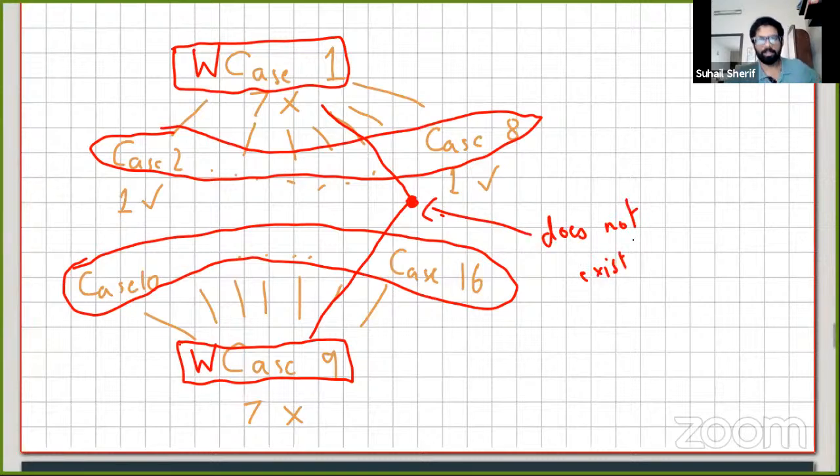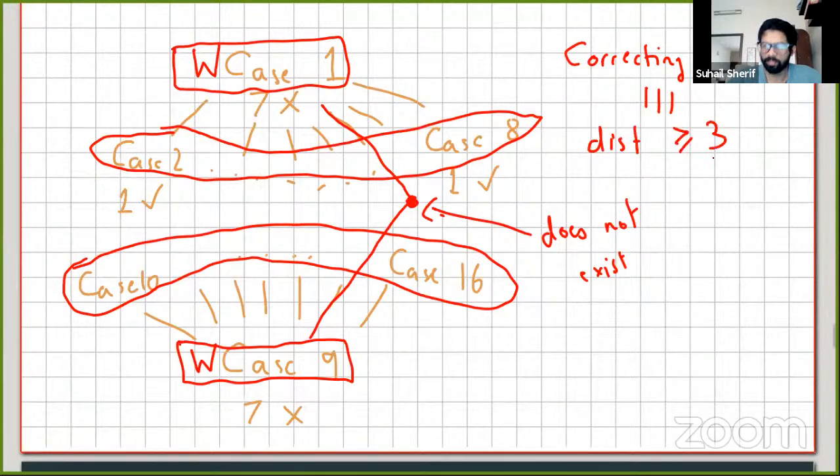So if there was one mistake, you can find out what the original matrix is. That is correcting one mistake. This is exactly the same as having distance greater than or equal to 3. That is, between any two of these W cases, you need to take 3 steps to go from one W case to another.